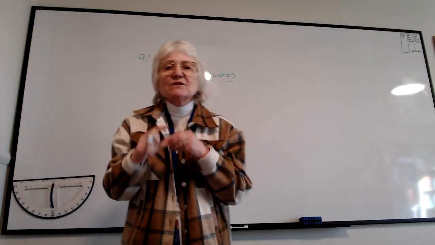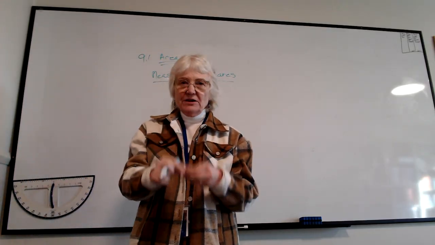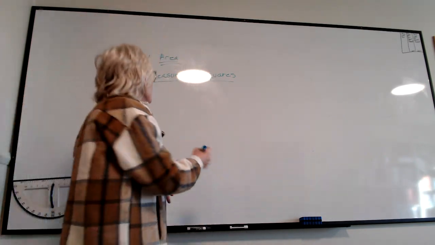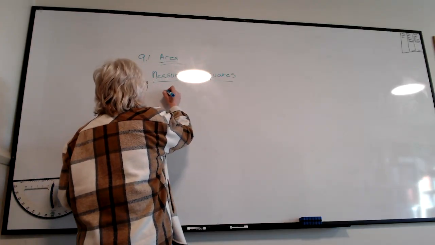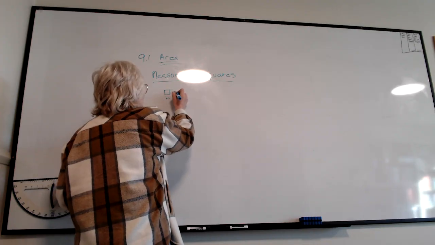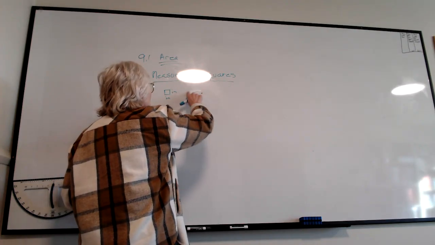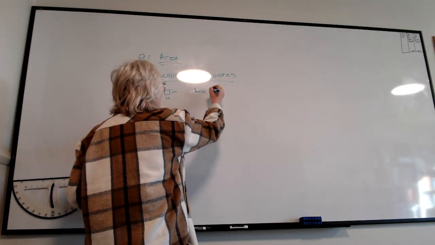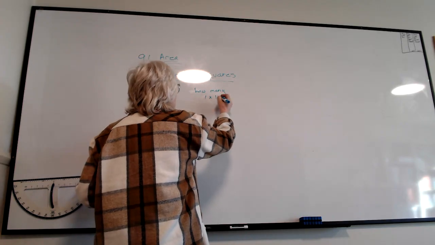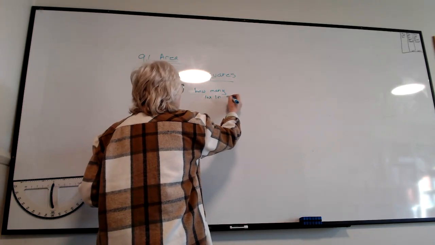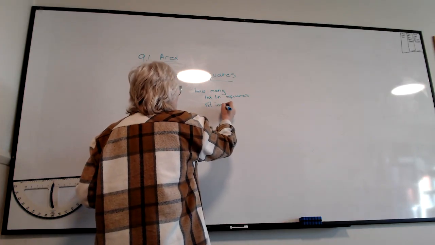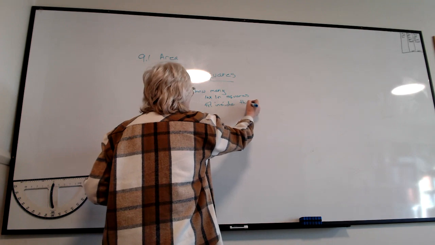Now, the size of these squares changes depending on what your unit is. So if I'm talking about something small, I could use a square that's an inch by an inch. When we're talking about area, we're saying how many inch by inch squares fit inside the figure.